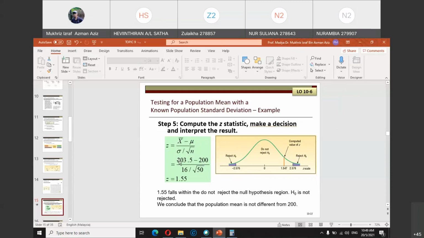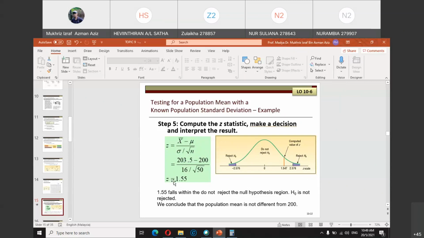X bar is 203.5. When you look at the X bar, it's bigger than the mean. So by then you know already your Z will be a positive value. So you are looking somewhere on the right side of the decision already, because your X bar is 203, your mean is smaller than that. So you are going to get a positive value.